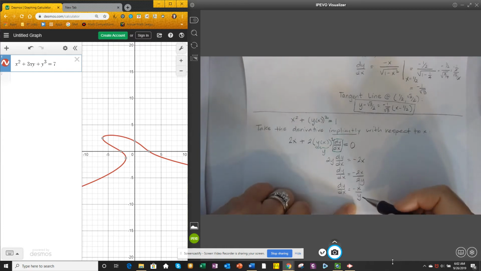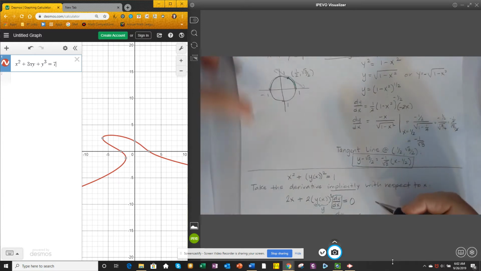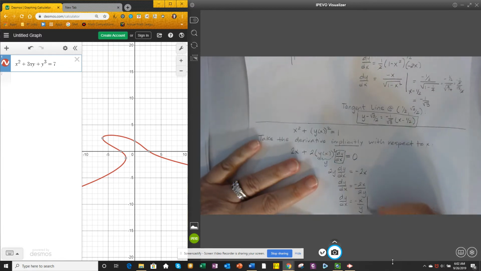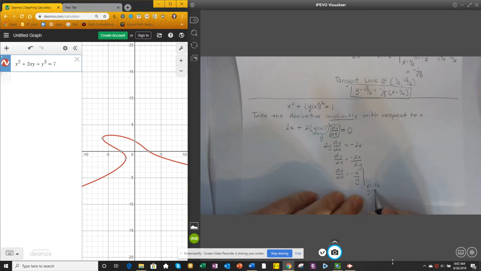But I want to find the slope at my point, which we said our point up here was 1/2, root 3 over 2. So I'm going to do my such that bar. X equals 1/2 and y equals, whoops, you can't see that. Let me pull it up a little bit. 1/2 and my y is root 3 over 2. So we're just going to plug in our point.